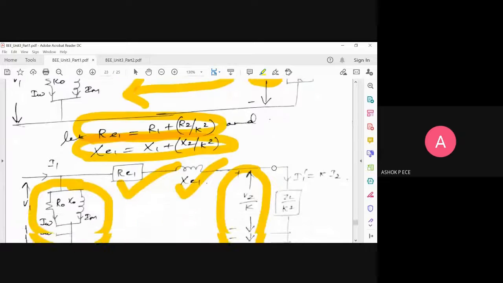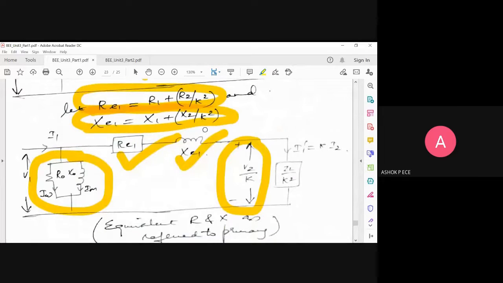What is the reason? You could also add this along and simplify it even more, right? Why is this ZL by K square standing alone here? Why is the load left independent? Why can't we join the load with either RE1 or XE1?